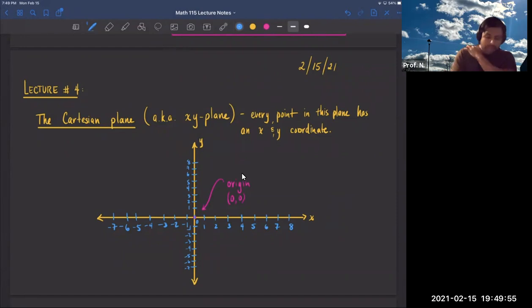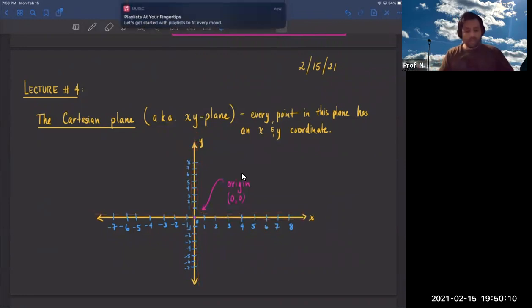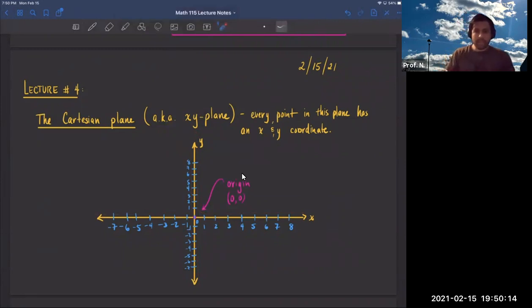And before I choose any point, you can think of these lines here as dividing up a two-dimensional space into 4 spaces. The first upper right space, we call it quadrant 1.